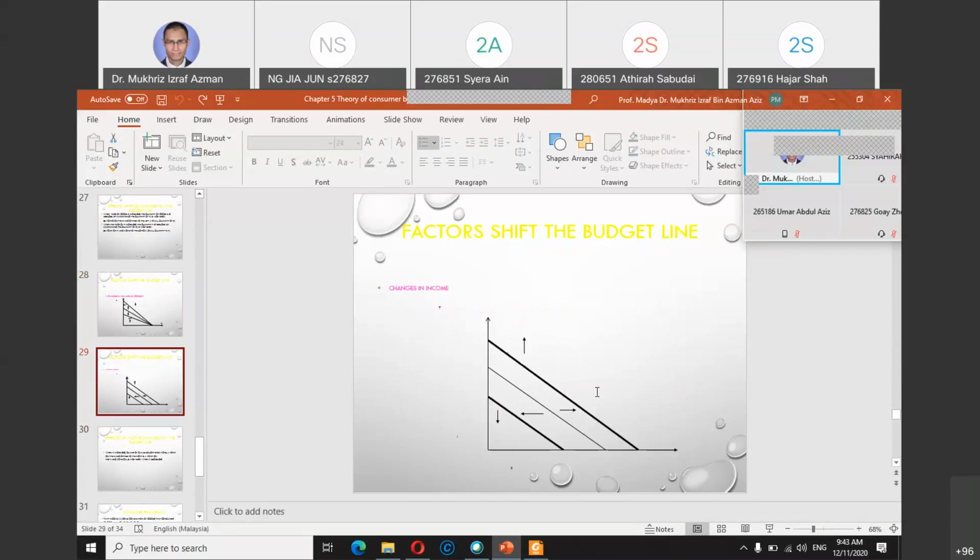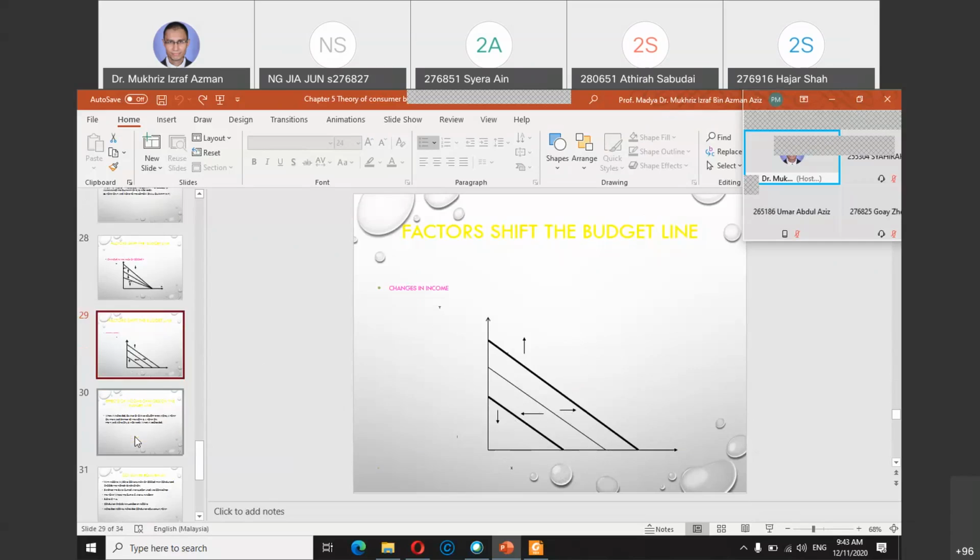It goes to the right when your income increases, and to the left when your income decreases. You can calculate this from the formula M over PX, M over PY. If M increases while the prices of X and Y remain unchanged, your budget line shifts to the right or to the left.